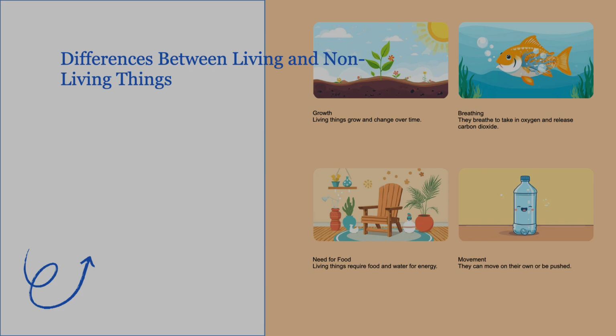Living things breathe but non living things do not breathe. Food. Living things need food and water. Movement. Living things move on their own, but non living things move only when someone pushes or pulls them. These differences help us identify what is alive and what is not.